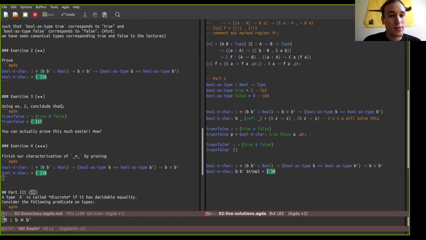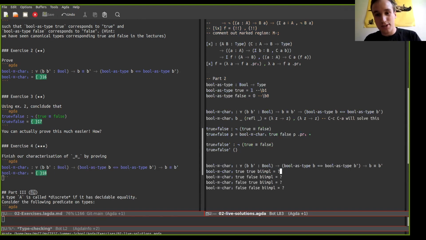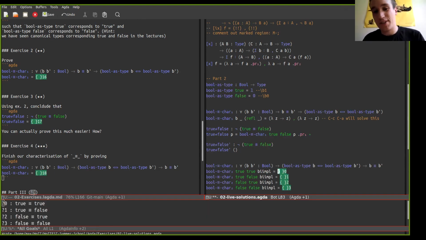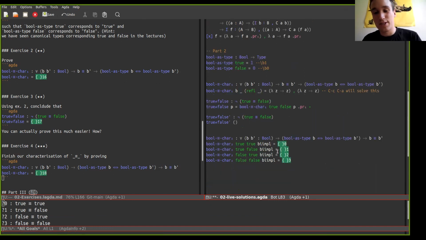Yeah, cases for B and B prime. Exactly. This is also one thing that is very nice about data types in Agda: pattern matching over several arguments at once. We type B space B prime, and then Control C will do all the pattern matching for us. And we have 4 cases. Let's go through them all.